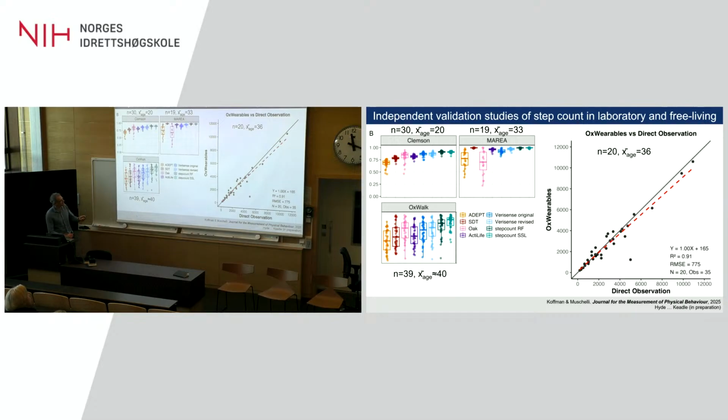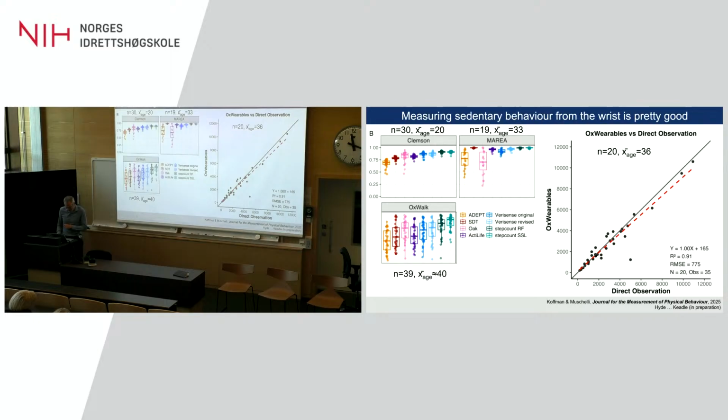This is one that Sarah Keadle's team had done, using direct observation with a camera looking at how many steps a person is doing, versus the step count assessment from the wrist device. What we really want in studies like this is a much larger N first of all. These are quite small N's against direct observation. But we've got to start somewhere, and we have ideas, which I'll show in the next couple of slides, on how to vastly increase the N in these independent validation studies.